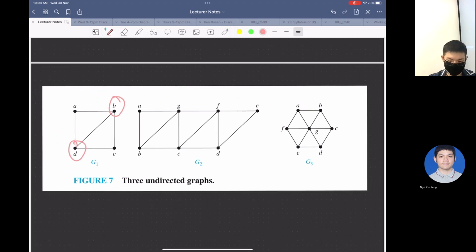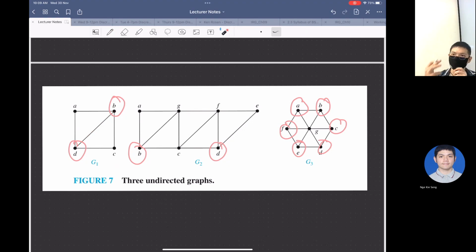B and D also. G3? No. What do you mean by no? How many odd vertices? 1, 2, 3, 4, 5, 6. Too many. You can only have 2, and these 2 are exactly how you build your Euler path. So you should start or end with these 2.